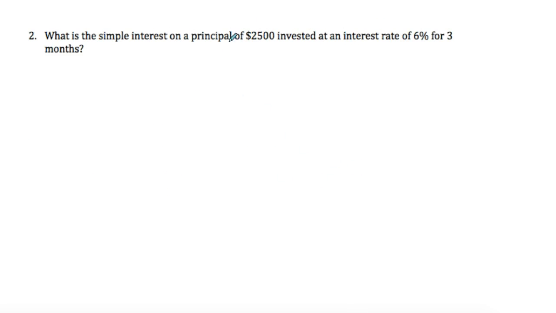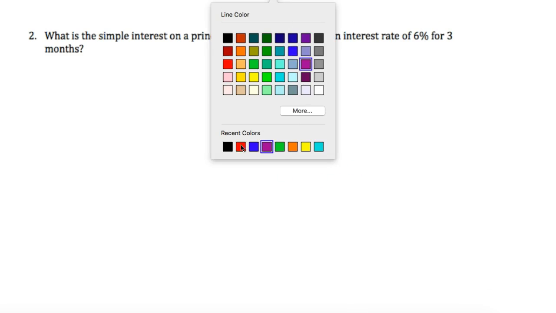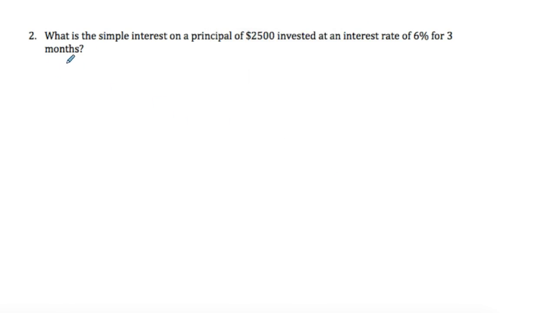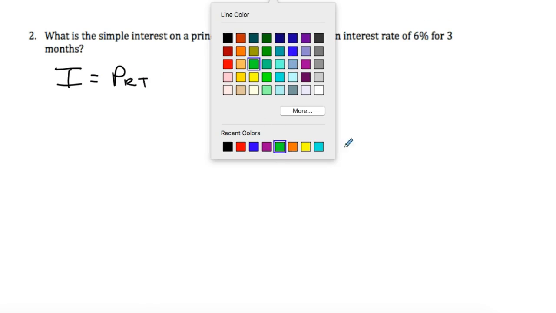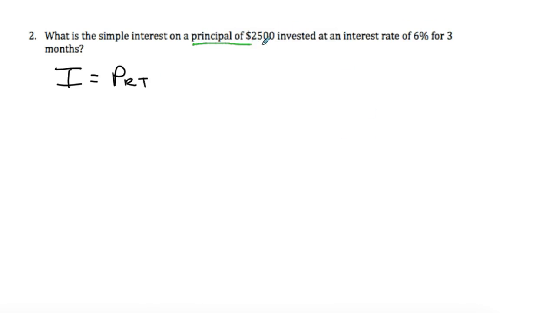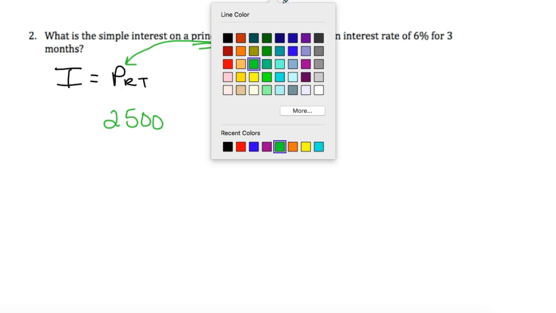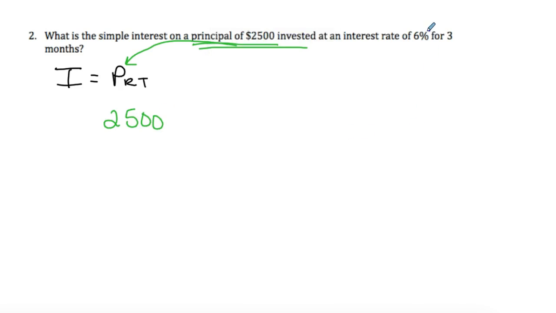What is the simple interest on the principal invested at a rate of 6% for 3 months? I'm going to copy down my equation, PRT. I'm looking for money. The money is the principal. This is the investment, so that goes here. Then I look for the percent. That, as a decimal, which is 0.06, goes here.